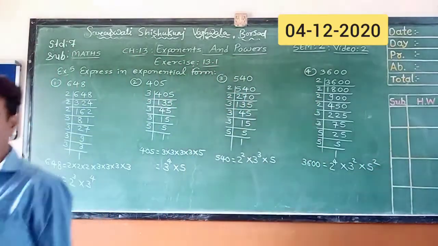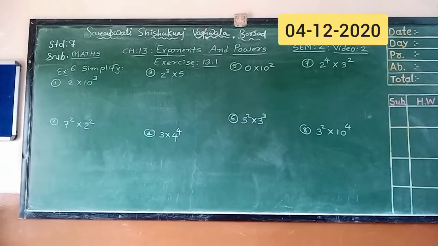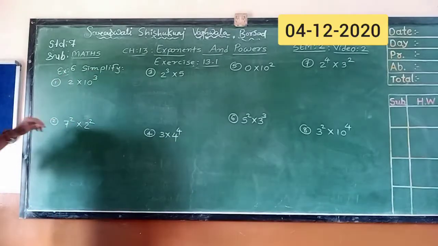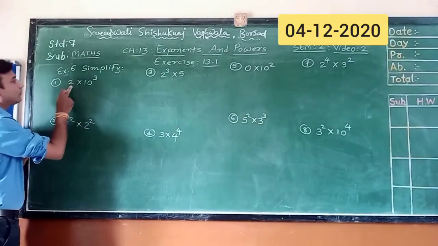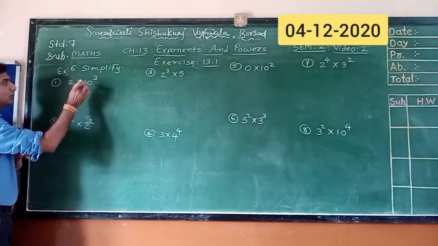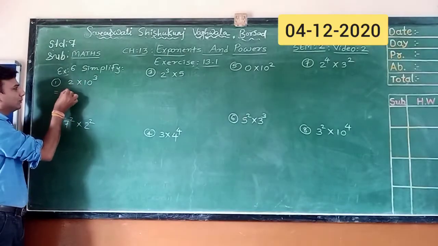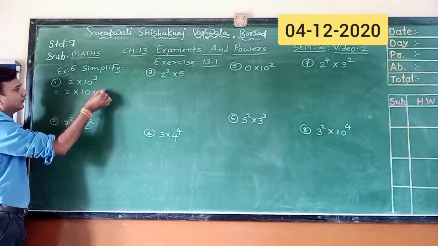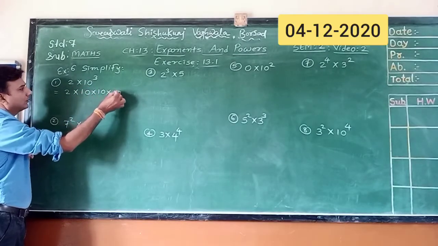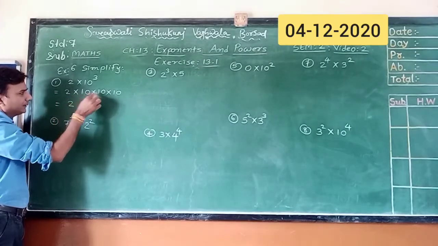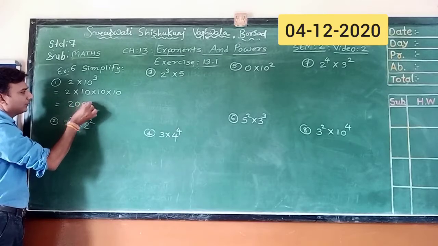Now next. Now this sum, number 6, simplify. First number, 2 multiply 10 cube. That means we have to write 10 three times. 1 2 3. 2 1s are 2, and this 0 0 we have to put up.